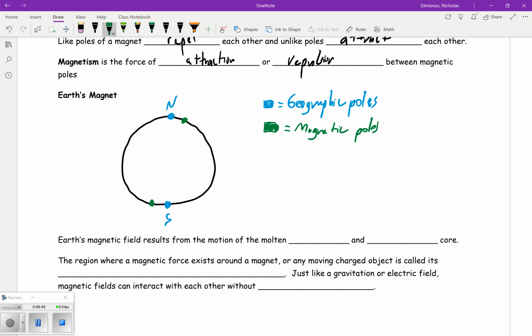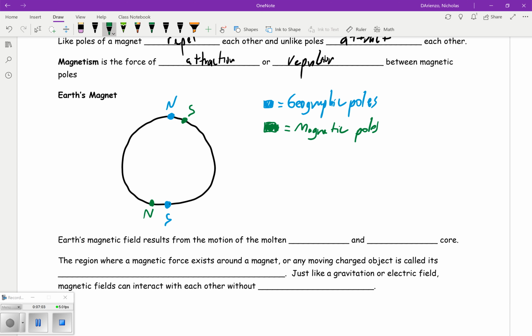So they're not actually on the geographic north or geographic south pole, and they're actually the opposite poles. So this would be our south magnetic pole, and this would be our north magnetic pole.